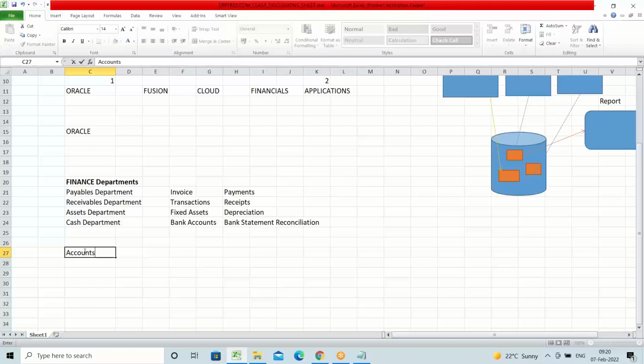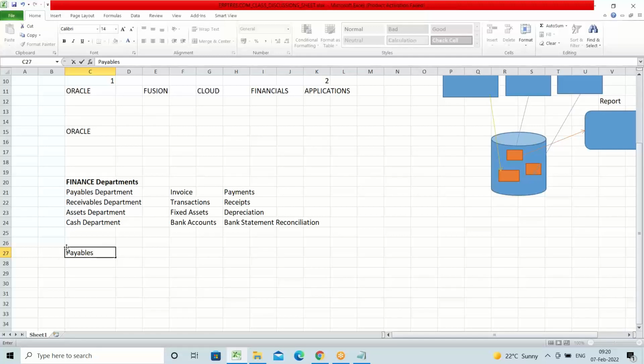We will discuss in further sessions, where I will describe the detailed naming conventions, etc. Here let's go with the simple terminology. So for each department, Oracle is providing one application. For the payables department, Oracle is providing an application called the payables application.